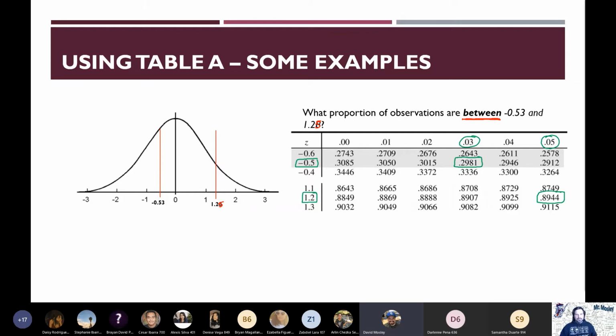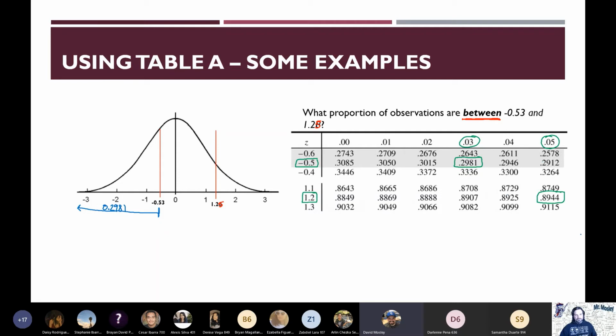So if we look at the table, we know that the proportion of values less than negative 0.53 is at 0.2981.